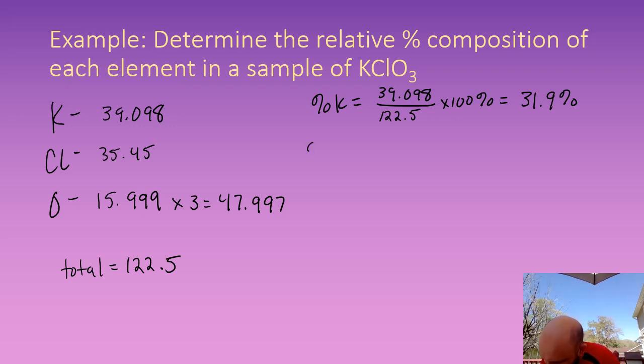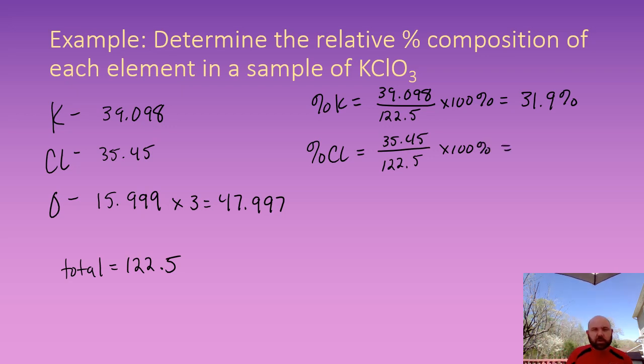For chlorine, we'll take the total amount of chlorine, 35.45 atomic mass units, divided by the total amount of the formula unit, 122.5 atomic mass units, multiplying by 100%, tells us that our compound is about 28.9% chlorine.